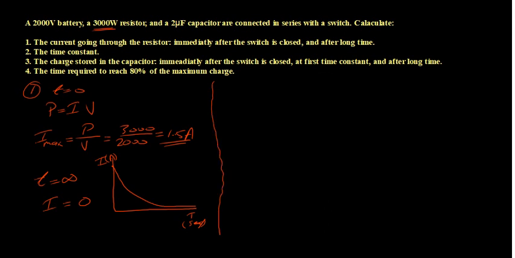Now, to find the time constant, we know the time constant is R times C, but we don't know the resistance. However, we know the current going through the circuit, and we know the voltage. So from here we can say I times R is the voltage. From here the resistance will be the voltage divided by the current.